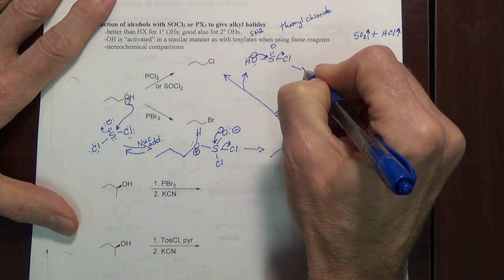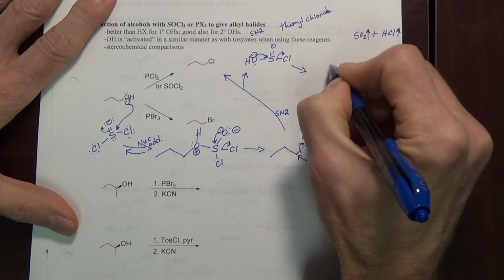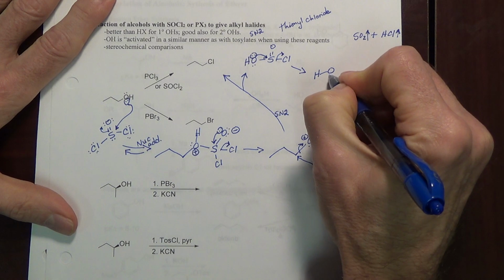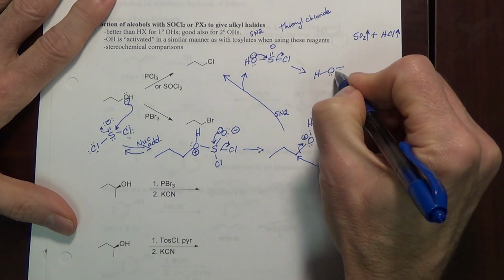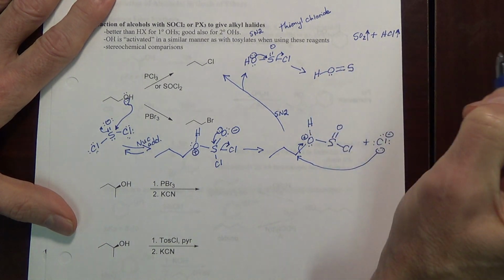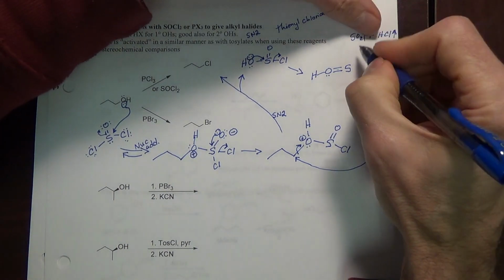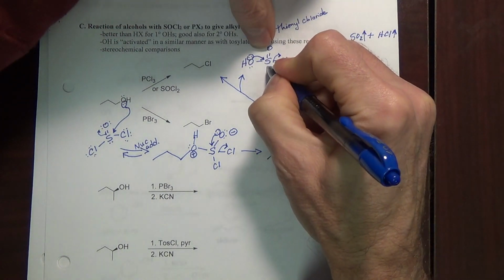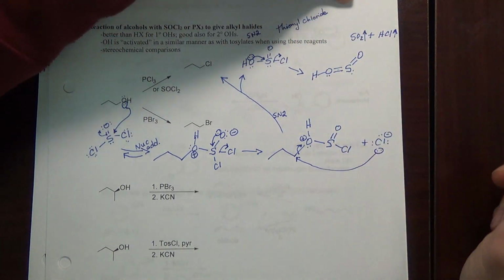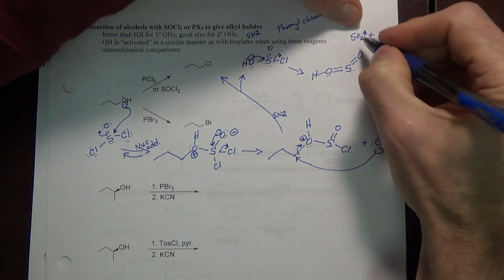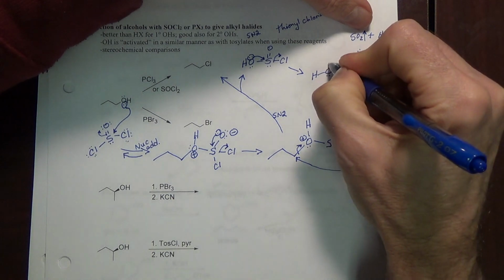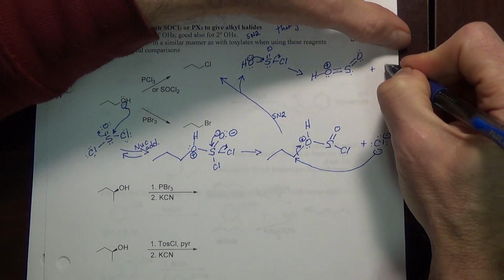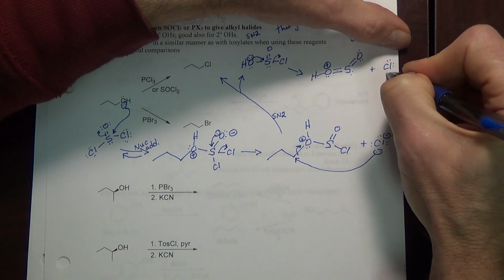And that's going to give oxygen. The H is there. 1 lone pair remains. Double bonded to sulfur. And that is double bonded to oxygen. There's a lone pair there if we want to keep track of that. 2 here, positive here, plus Cl minus.